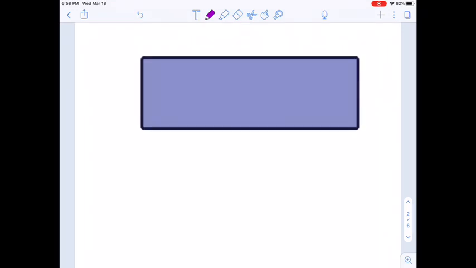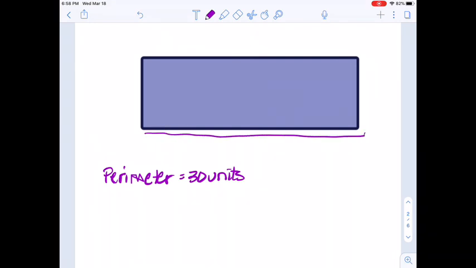We have a rectangle here. And let's say that our rectangle has a perimeter of 30 units. Okay, what do we know that means? That means the distance all the way around this figure, if I keep going from where I started all the way around, has to equal 30.